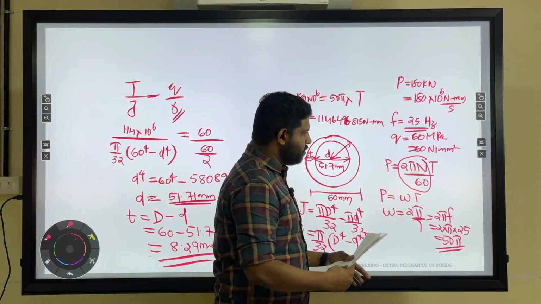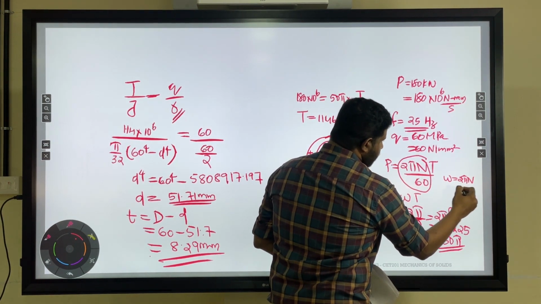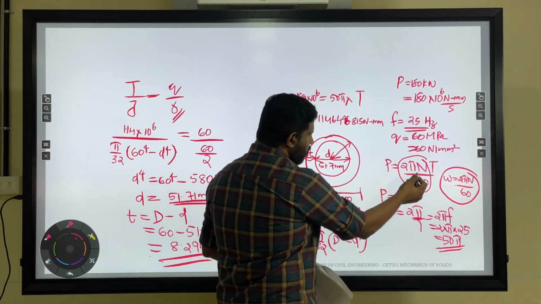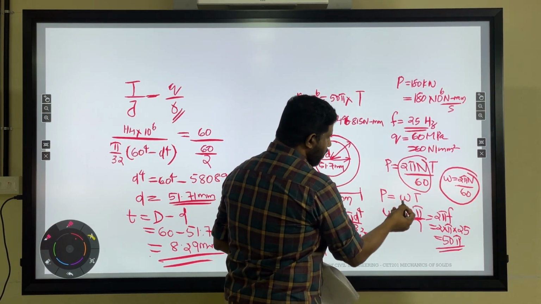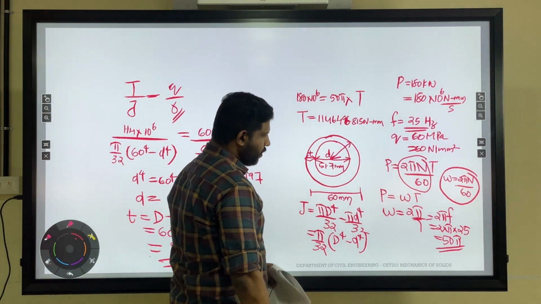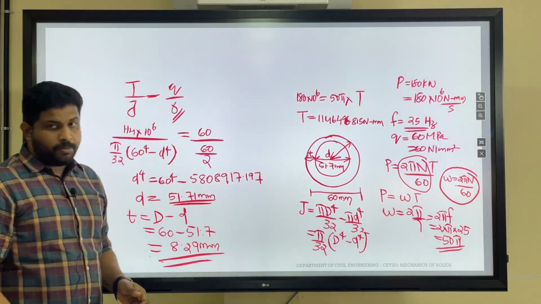Also omega is 2 pi n by 60. This is the value for omega. So instead of 2 pi n by 60 we can give this value, and the equation becomes P equal to omega into T. So the thickness will be 8.29 mm.